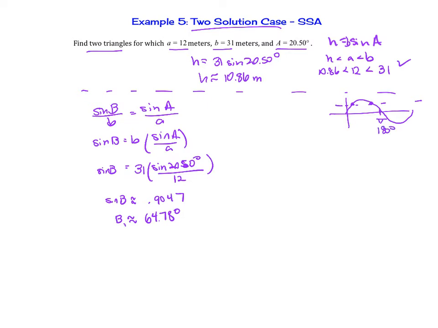So one way to find the other one, B2, is we take 180 degrees minus 64.78 degrees. So therefore, the second B is 152.22 degrees. So that's our obtuse angle, right? So we have an acute, and then we have an obtuse angle B.